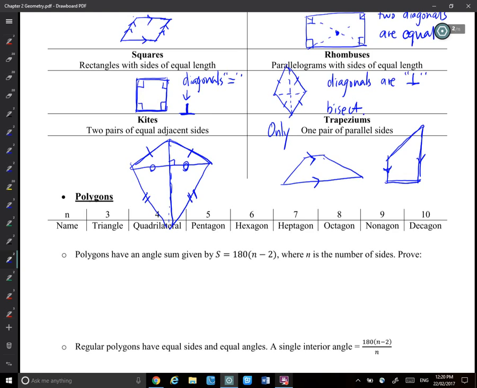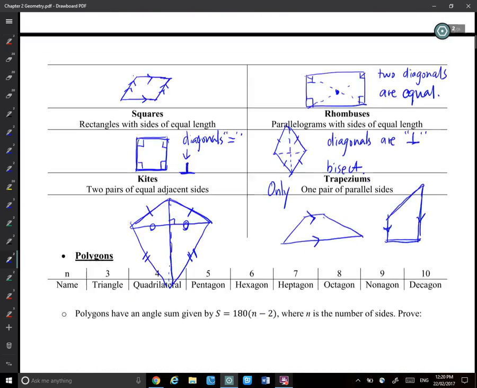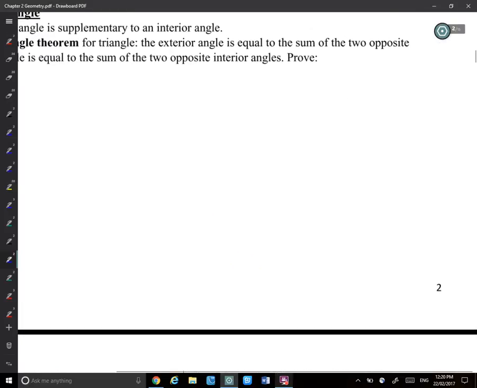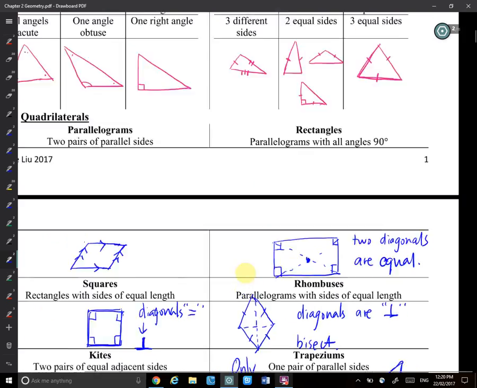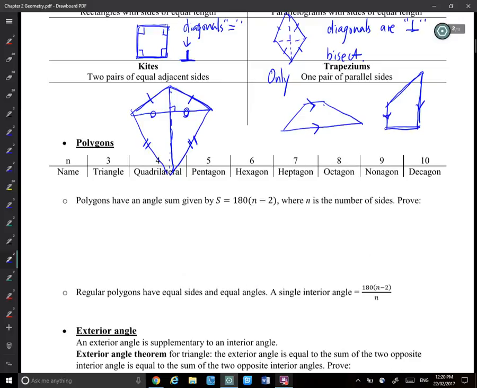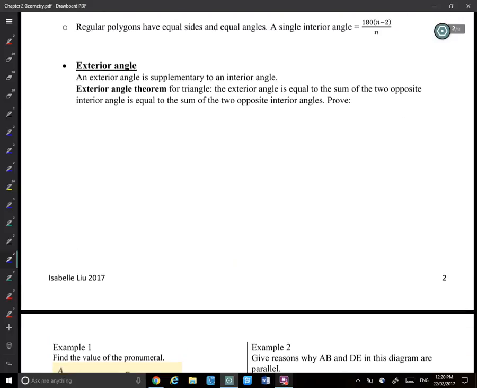Let's make a summary about this. I will write at the bottom here. We have quadrilaterals, which can have a parallelogram.